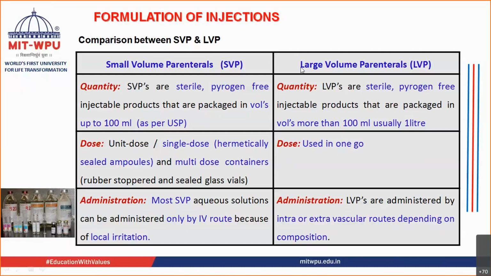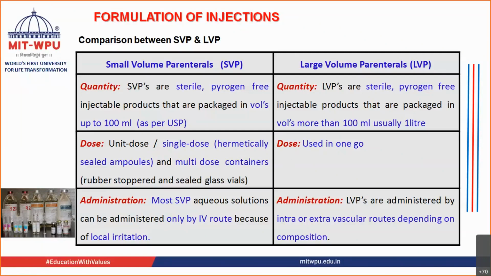Whereas if you consider large volume parenterals, they are to be taken in one go. You don't have multiple doses inside it. SVP can have multiple dose as well as single dose, whereas large volume parenterals have only single dose. That is, all the contents have to be taken in one go.